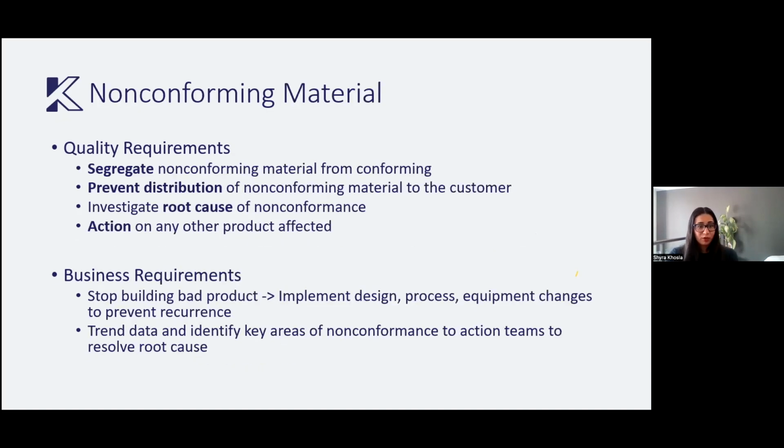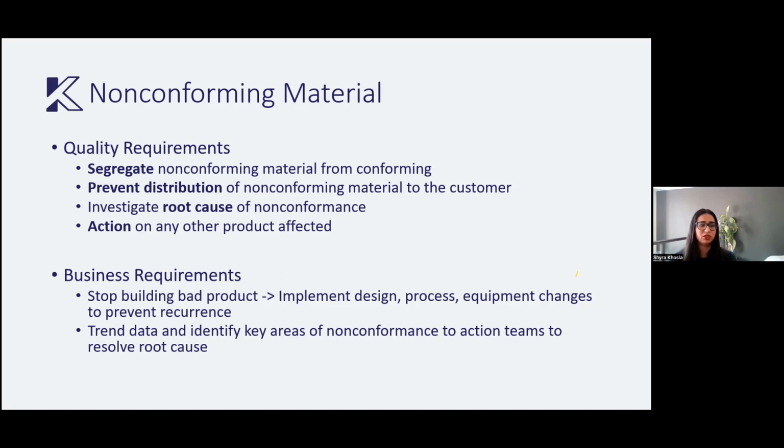So non-conforming material is basically material that doesn't match your drawings. And that can be purchased from a supplier, or that could be you built something and now the final assembly or sub-assembly doesn't work, or you couldn't build as you planned. From a QMS perspective, this is what a lot of standards and regulations are really worried about.